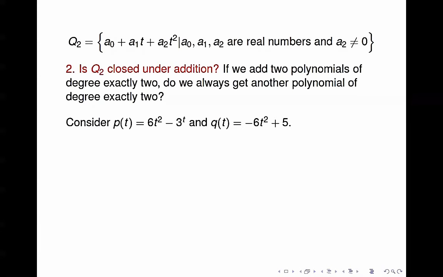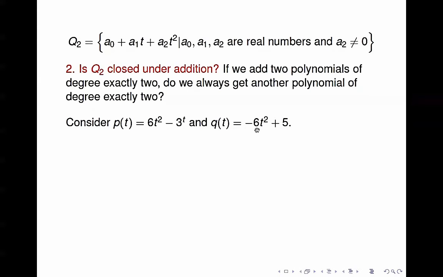Here's an example. Let p of t be 6t squared minus 3t. That is in Q sub 2 because we've got a 6; the a sub 2 term is not equal to 0. And here's q of t, where the coefficient of t squared is not 0.